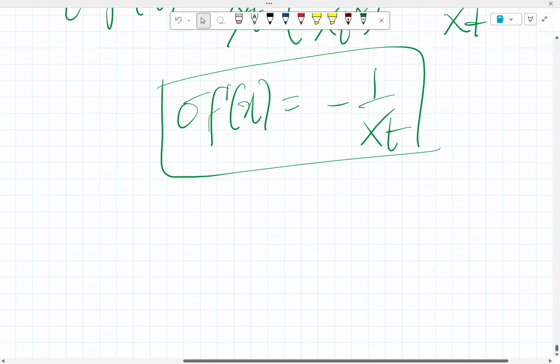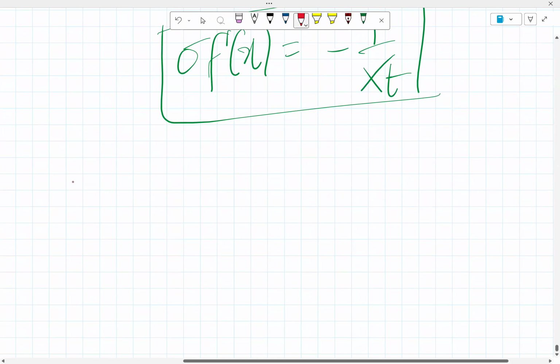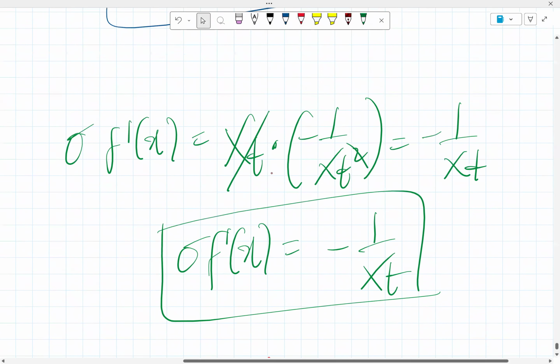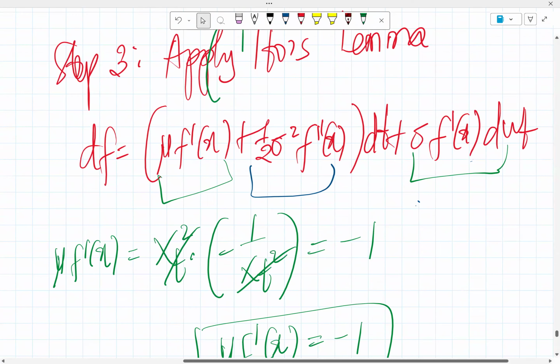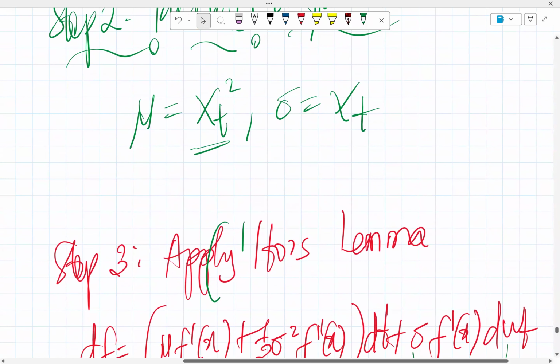So finally, we can then have the final result now. How many steps did I note before now? Step 3. Okay, so that'll be my step 4 now. Step 4, you have the final answer. So we have, what's the expression now? df.